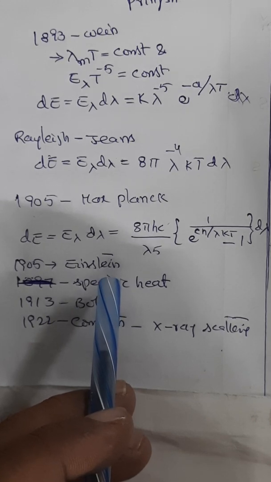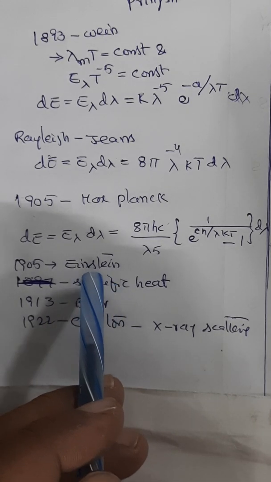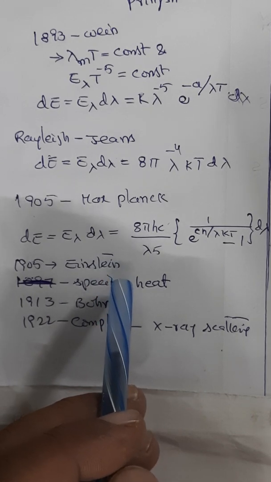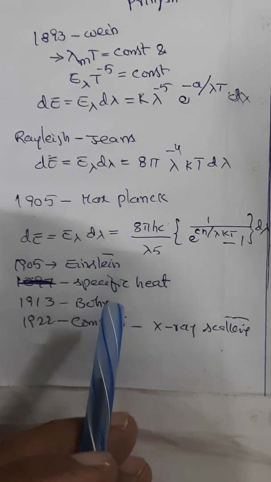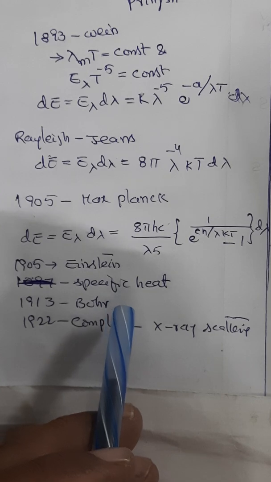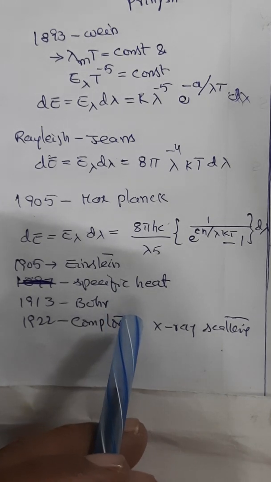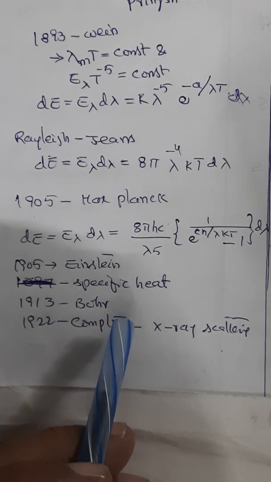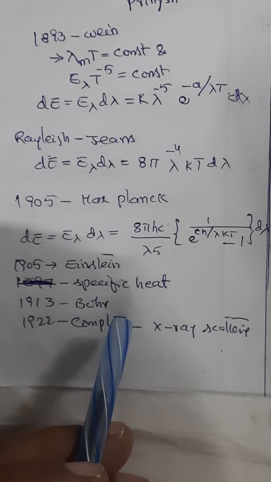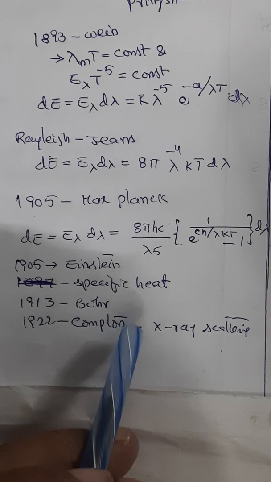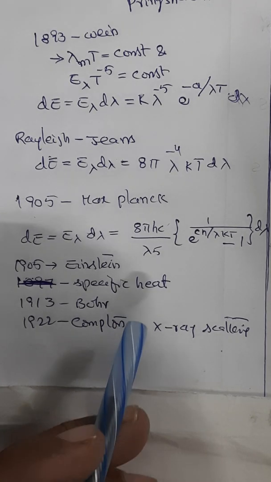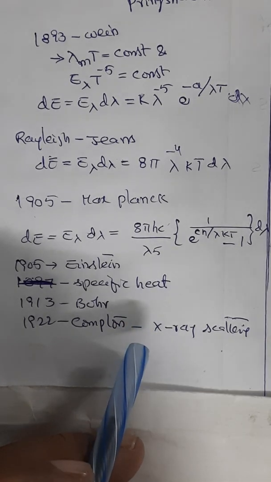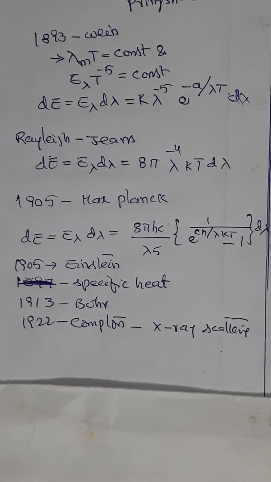Einstein also explained successfully the problem of specific heat in the year 1907. In 1913, Niels Bohr used this idea in his analysis of atomic structure and the origin of spectral lines. And based on this quantum concept, in the year 1922, Compton applied this quantum idea to the phenomenon of scattering of X-rays. This is how we can see the introduction of the quantum theory of radiation.